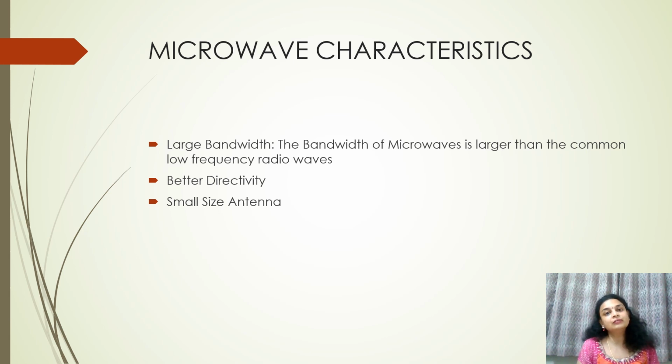Better directivity means the beam width of the wave becomes narrow, and as a result, the waves can easily propagate from one place to another. Please note, line of sight communication is compulsory, and it is one of the characteristics of microwave. The bandwidth required for microwaves is always larger as compared to common low frequency radio waves.